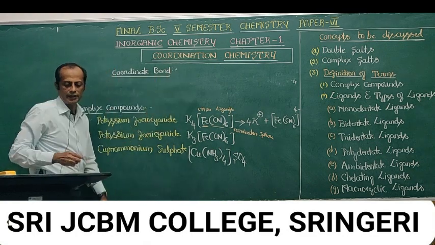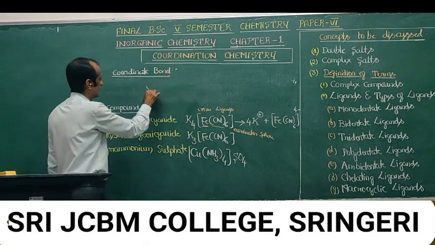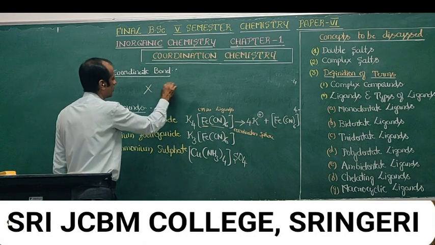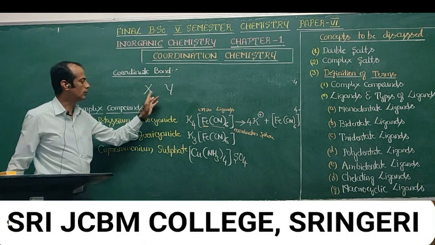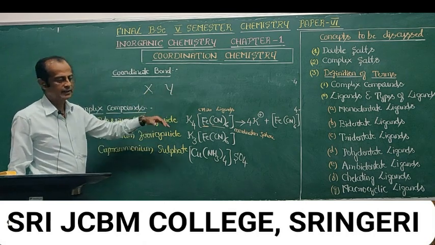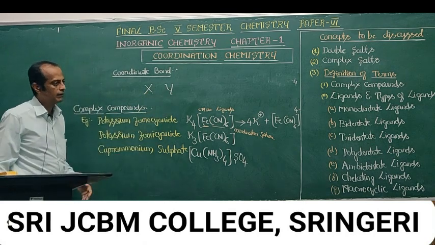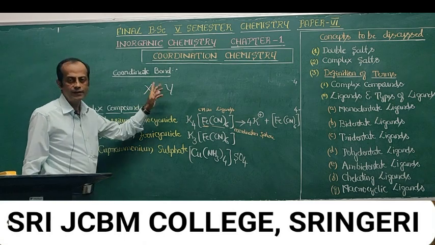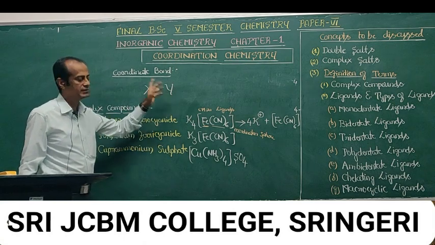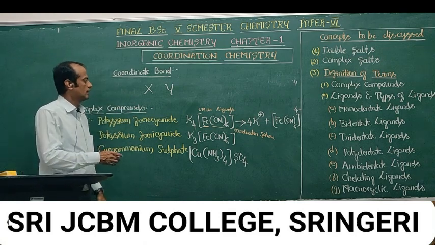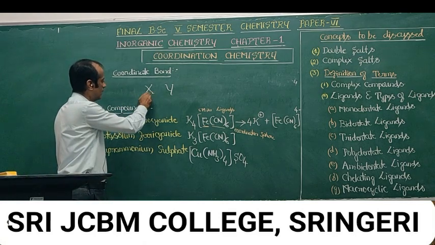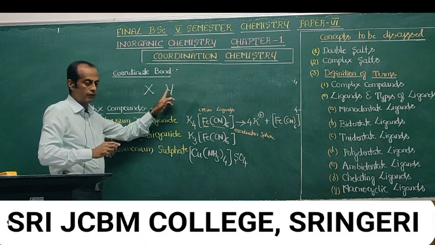The formation of a coordinate bond can be explained by taking the formation of a bond between X and Y. Suppose a chemical bond is to be formed between X and Y. Then the basic need is that a pair of electrons is to be donated or shared between these 2 atoms, X and Y.